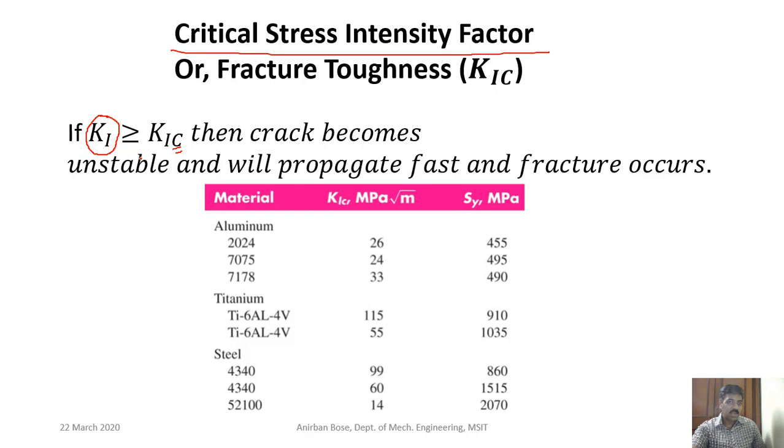That means the crack will become unstable. Remember, this is a material property, not a geometrical parameter. This critical value is called the fracture toughness. This is also called the critical stress intensity factor. You can give both names.